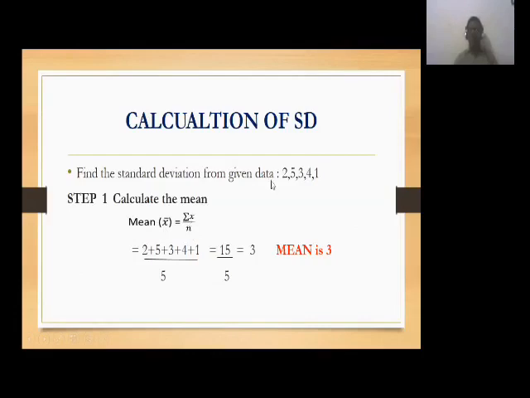Sigma x means the total of the observations: 2 plus 5 plus 3 plus 4 plus 1, that means 15. N equals the number of observations, 1, 2, 3, 4, 5, so the number of observations is 5. So sigma x by n equals 15 by 5 equals 3. So the first step, the mean, is 3.